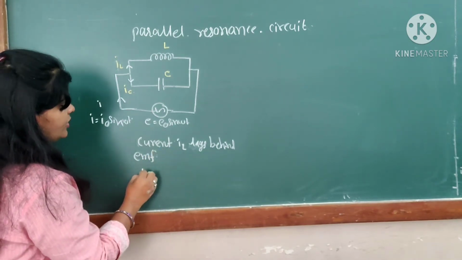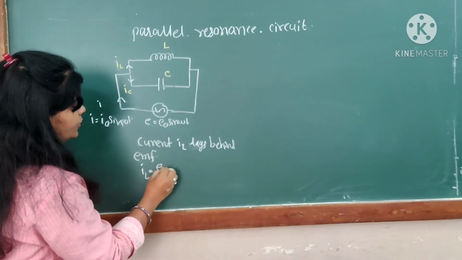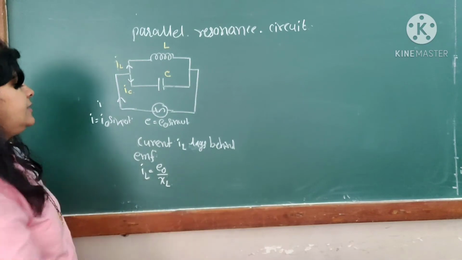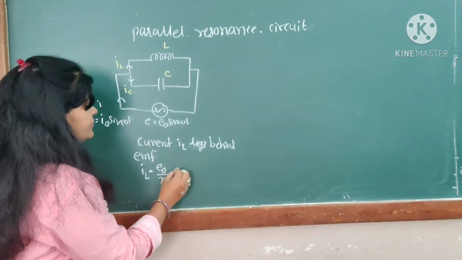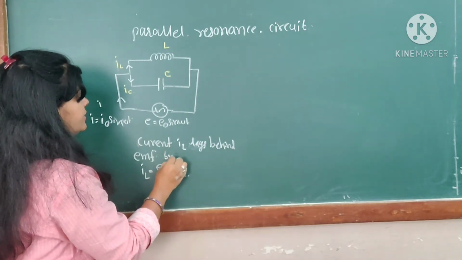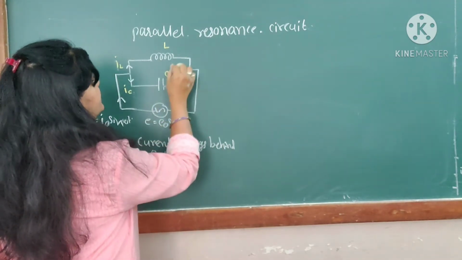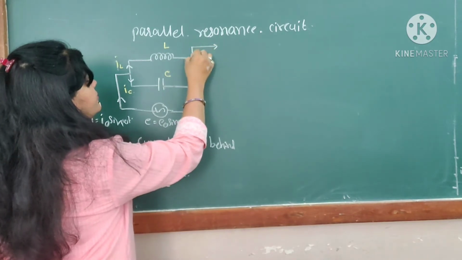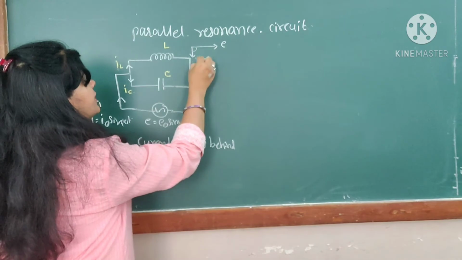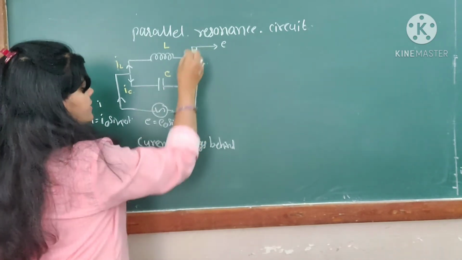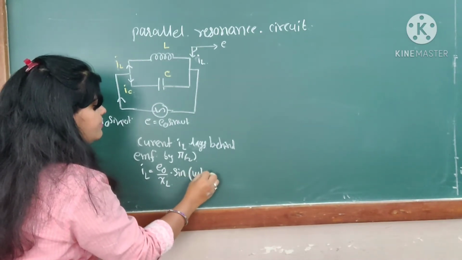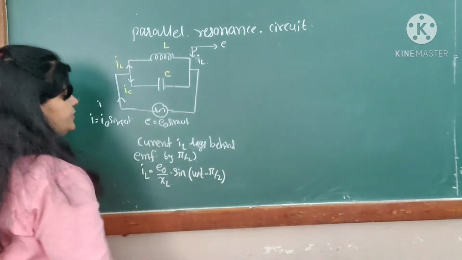The formula is IL equal to E naught upon XL, which is the reactance, into sine, lagging behind the EMF by pi by 2, and the diagram is like this. Here the EMF is there, and the current IL lags behind it by pi by 2. Therefore it becomes sine of omega t minus pi by 2.